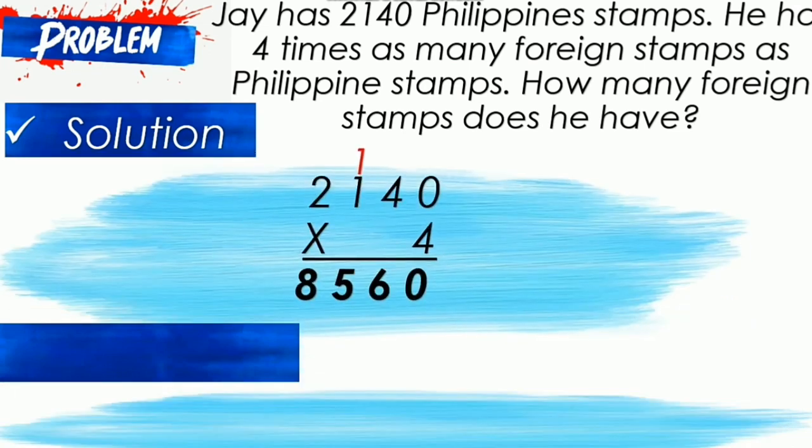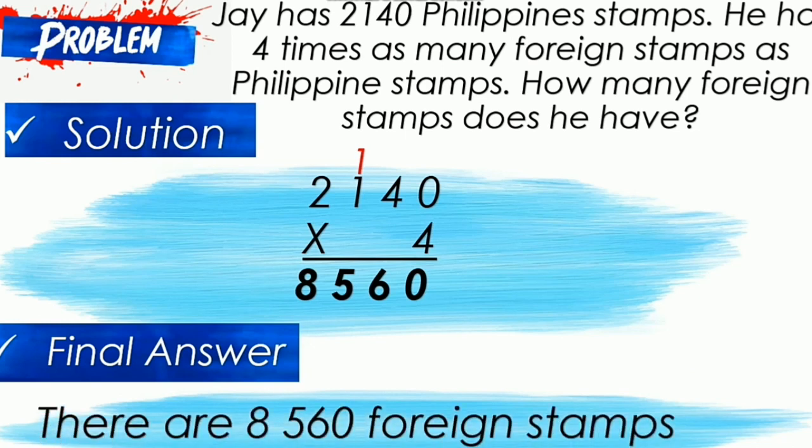By the time you do that, you have 8,560. So that will be your solution. Our final answer is that the number of foreign stamps he has is 8,560. This is very simple, very easy to solve.